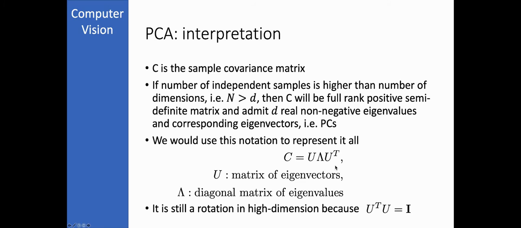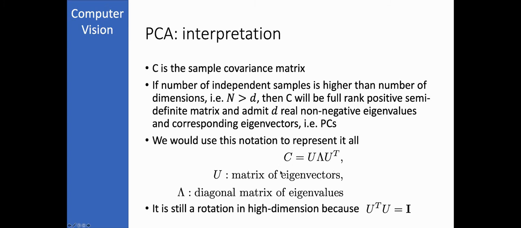Now, C is the sample covariance matrix, and there's a trade-off here. If the number of independent samples is higher than the number of dimensions, meaning n is larger than d, then C will be full rank. It's a positive semi-definite matrix, and it will admit d real non-negative eigenvalues and the corresponding eigenvector PCs. That's actually quite nice. In this case, we can use the eigendecomposition form.